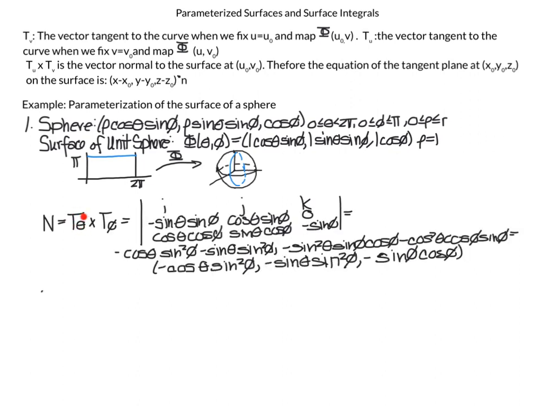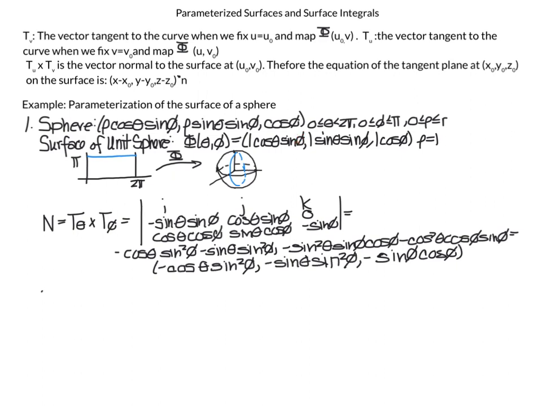I can get my normal by taking the cross product of the tangent vectors with respect to theta and phi. With respect to theta, sine phi is considered a constant. So we have the derivative of cosine theta, which is minus sine theta sine phi. Here we're going to have cosine theta sine phi. And here, with respect to theta, this is just a constant, so it's 0. Then I take my derivative with respect to phi.